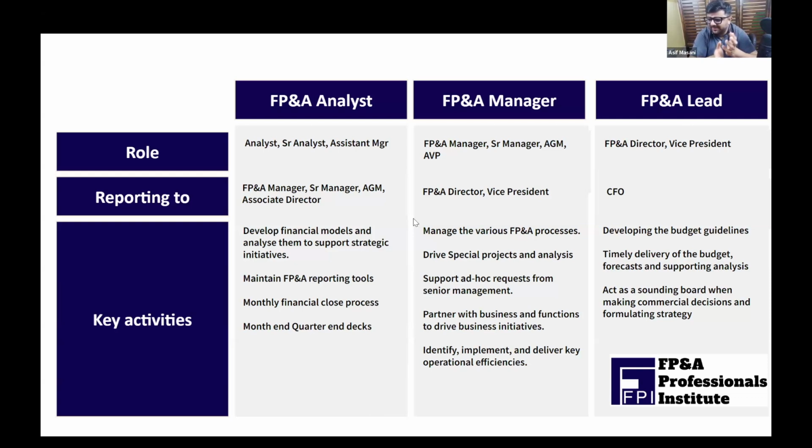FP&A leads will also be directly in touch with senior management: the CFO, the CEO, and everyone one level below the CEO, like the heads of marketing, sales, and engineering. They'll be directly in touch with the FP&A VP or the CFO. This is how it looks.